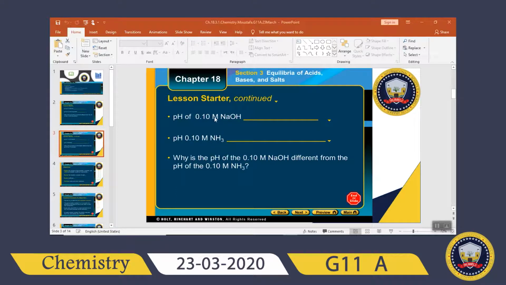So the pH of NaOH is more than the pH of NH3. So NaOH is a strong base, but NH3 is a weak base.